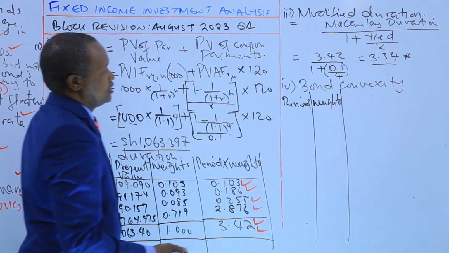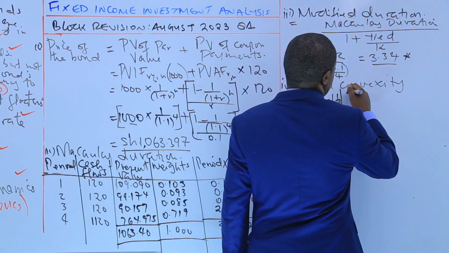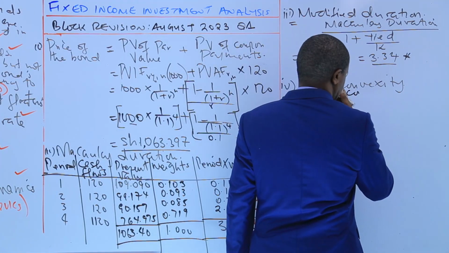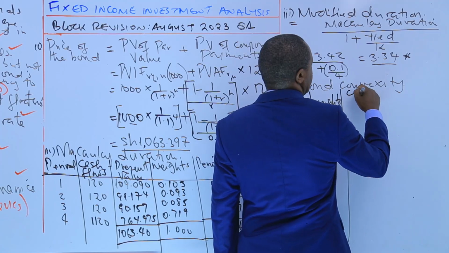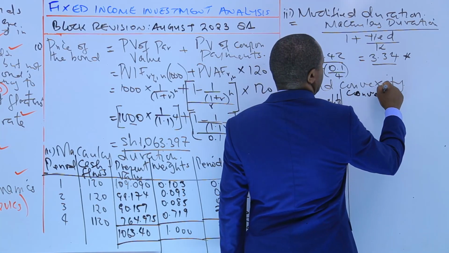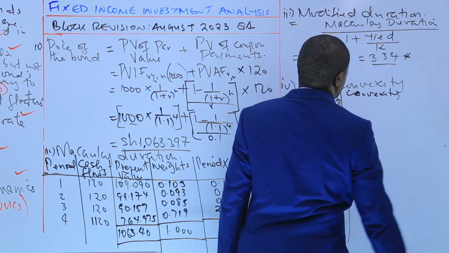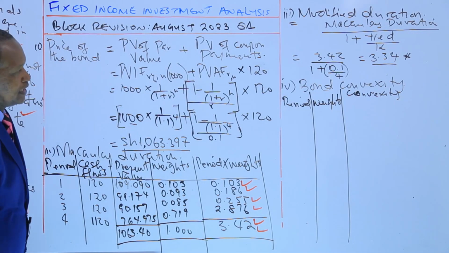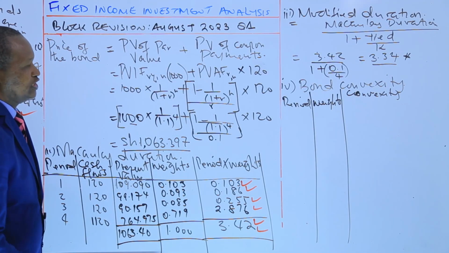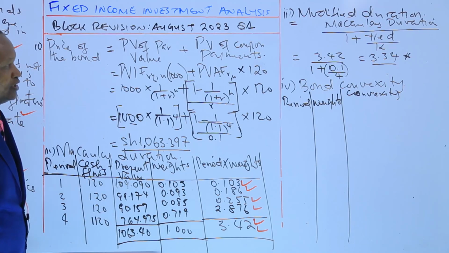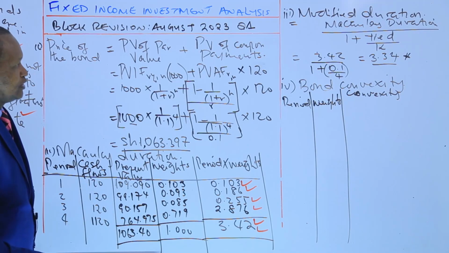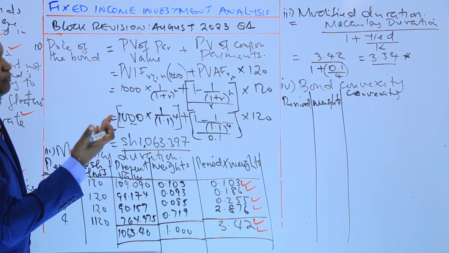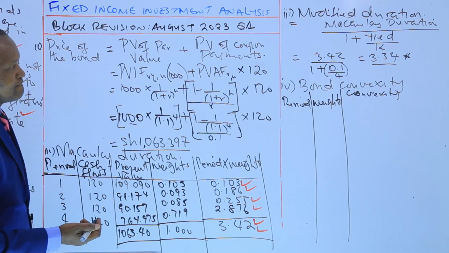Then we'll have convexity here, the last column. And convexity will be calculated at, first of all, each and every period. Then we'll sum the convexities to get the bond convexity.